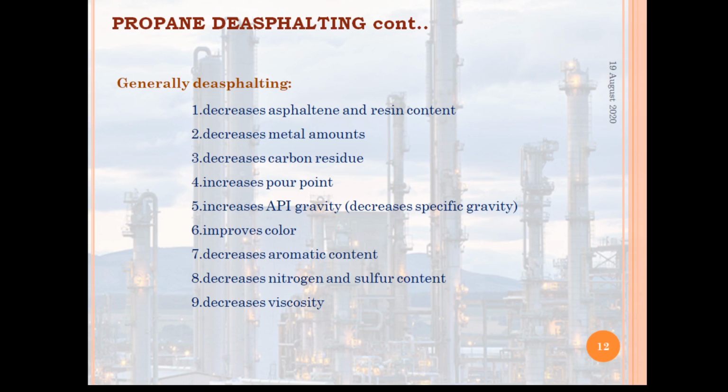It also increases the pour point and increases API gravity, which decreases the specific gravity. It improves color, decreases the aromatic content, decreases the nitrogen and sulfur content, and decreases the viscosity also. So this deasphalting process helps to get our desired product from the petroleum refinery.